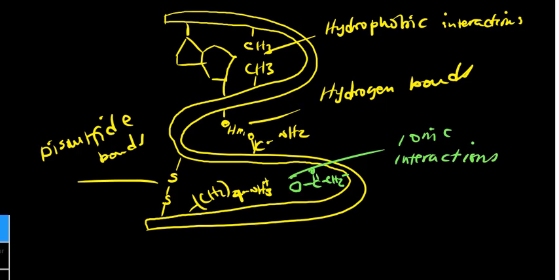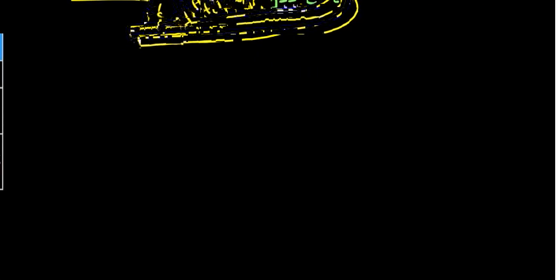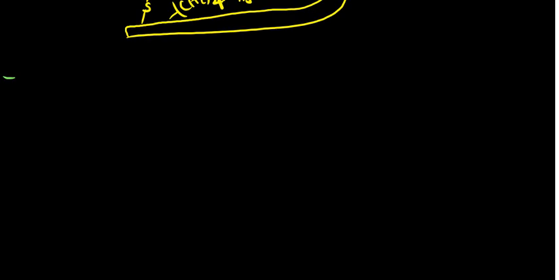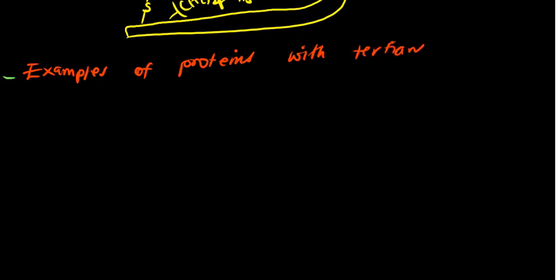So an example of a protein that has got a tertiary structure is myoglobin, which stores oxygen in the muscles. Tertiary structures are found in globular proteins.